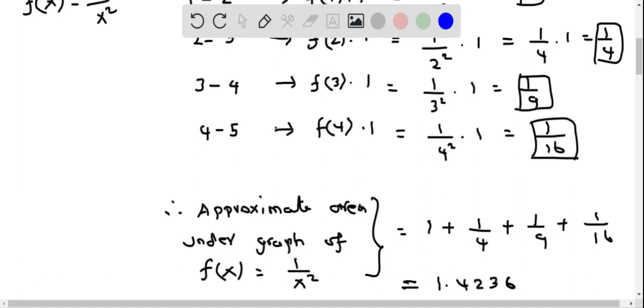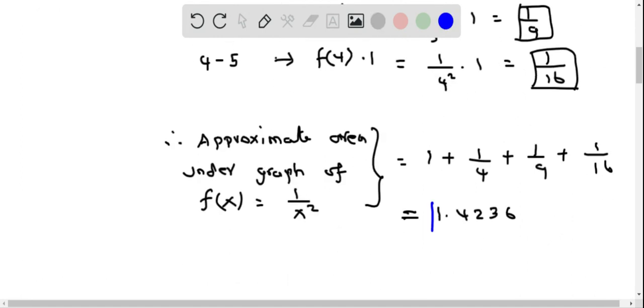And so this is the area under the graph of the function f of x equals 1 by x squared, defined in the interval, using four rectangles and using the left endpoints.